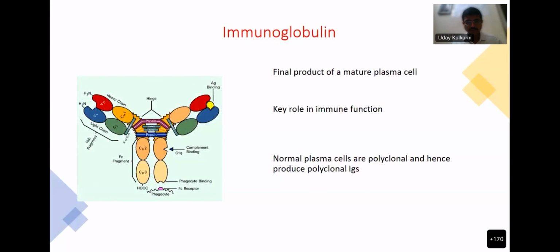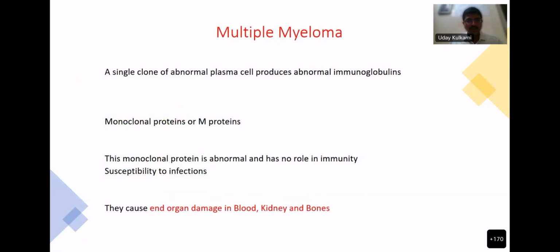As madam just alluded to, normal plasma cells are polyclonal and they produce polyclonal immunoglobulins. What happens in multiple myeloma is that there is abnormal plasma cell proliferation, and that produces an abnormal immunoglobulin, which is called the monoclonal protein or the M protein.